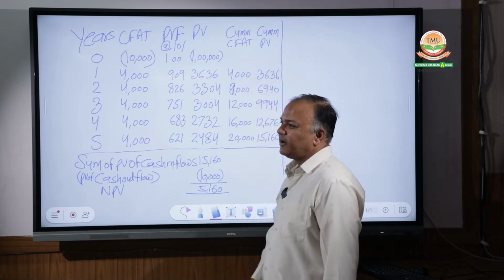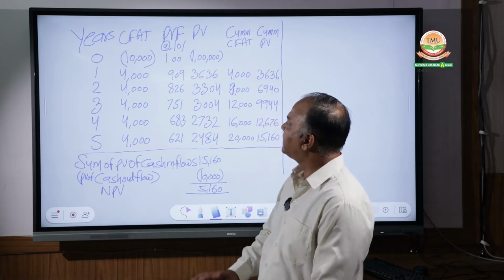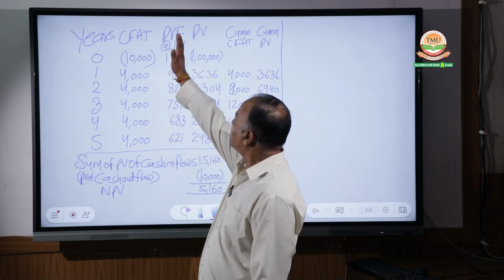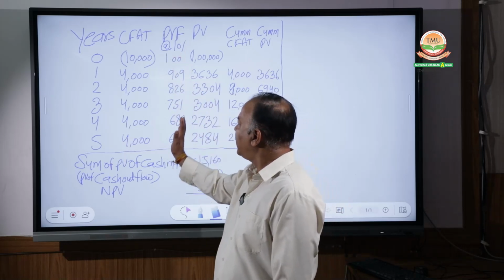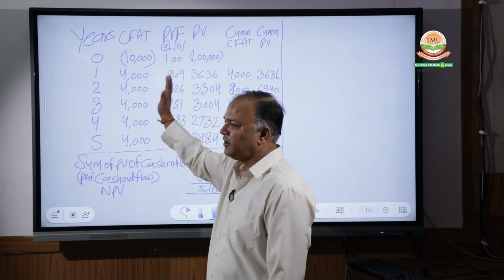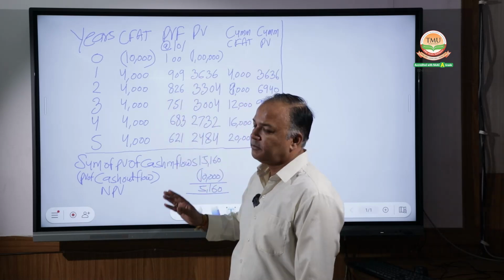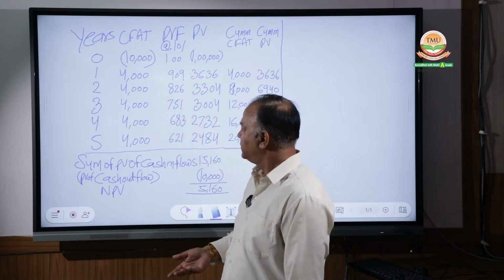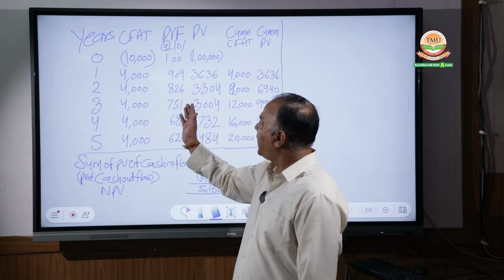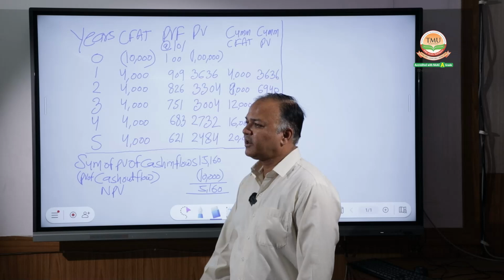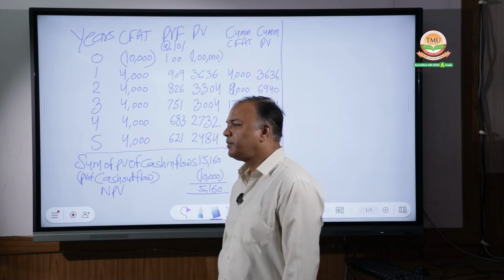Whenever I have to calculate NPV, I have to write down the present value factor, and after that I have to multiply with cash flow after tax. Then I will find present value. Last time I applied the present value factor at the rate of 10%. Now I am applying at the rate of 20%.